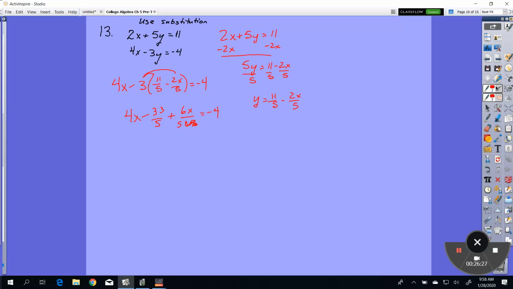So you might want to just get rid of all the fractions, and you could just multiply everything by 5. You could get common denominators of 5, or you could work with the fractions, whatever you want to do. So these two will give me the equivalent equation here as soon as I do it.